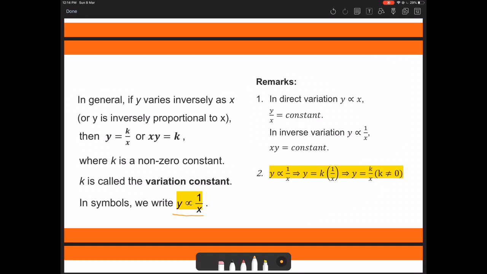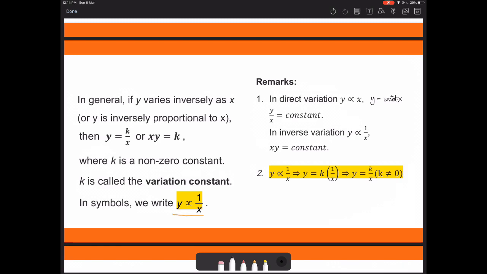And let's have a look at the first remark. In direct variation, y varies directly as x. That means y is equal to a constant times x, right? If we move x to the left hand side, we have y over x is equal to a constant.